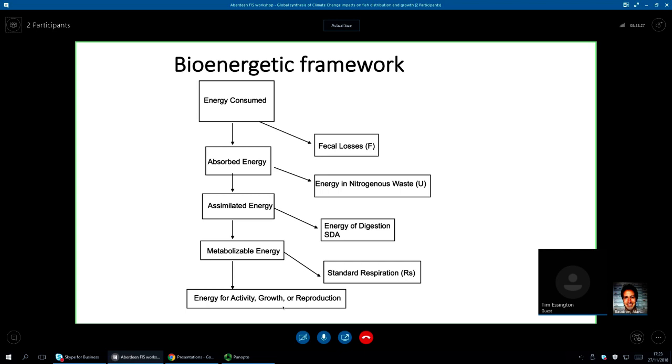At the broader level, there are basically three choices it can make. It can choose to swim around as fast as it can and burn all the energy into activity. I don't know why it would do that, but it could. It can allocate some into somatic tissues, in terms of growth, or it can allocate into gonadal tissues. Those turn out to be pretty complex allocation decisions that we honestly don't understand too much.